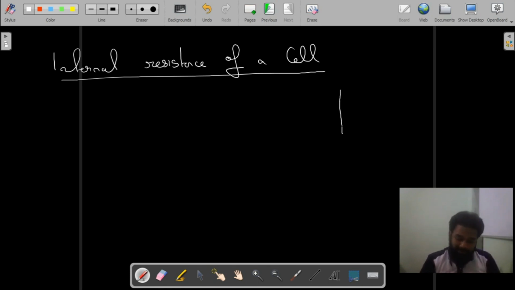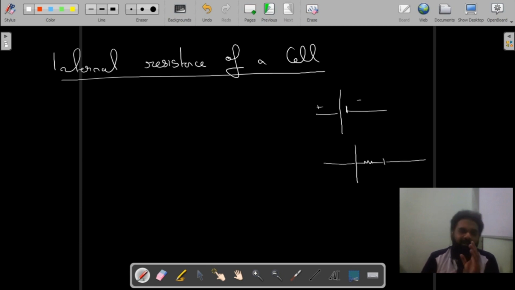Just like we mark this terminal as positive terminal and this as negative terminal, suppose there is a small resistance inside the cell, we mark it like this, because this resistance is inside.